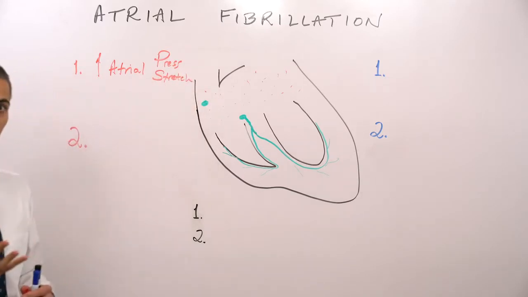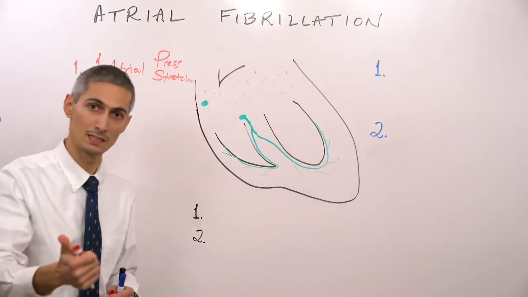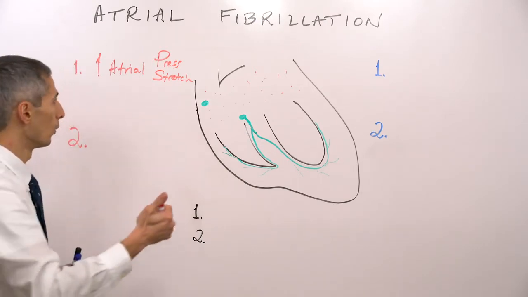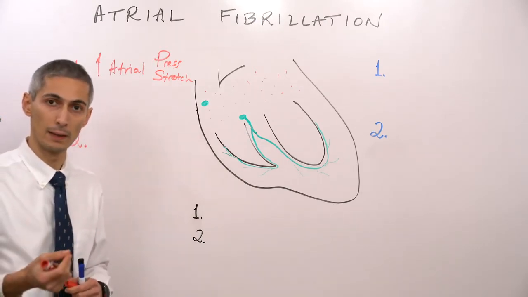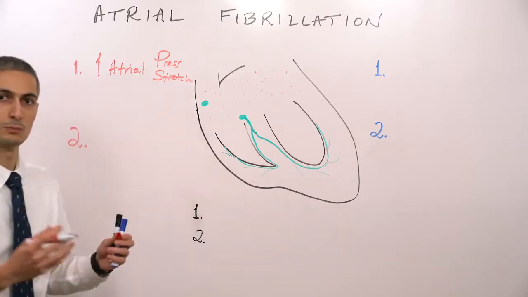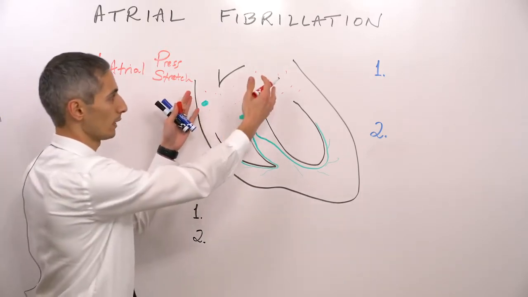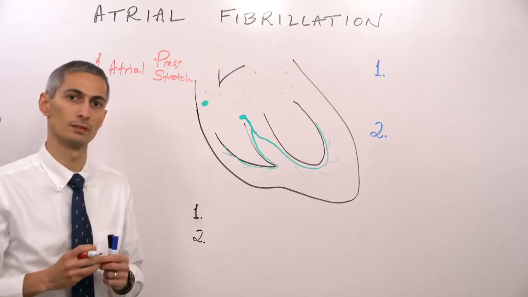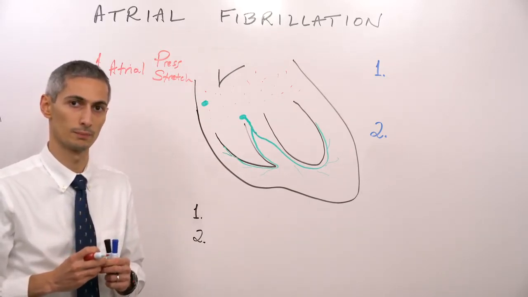A lot of those causes, things like hypertensive heart disease, cardiomyopathy, heart failure, or pulmonary embolism, have the final common pathway of causing increased pressure or stretch or dilation of the atria, especially the left atrium.